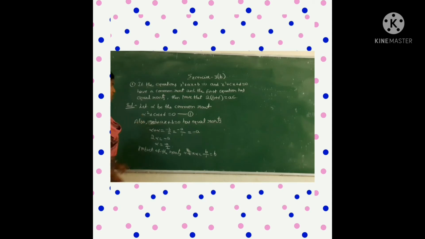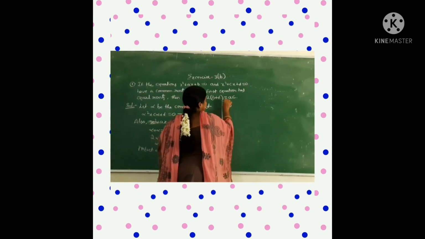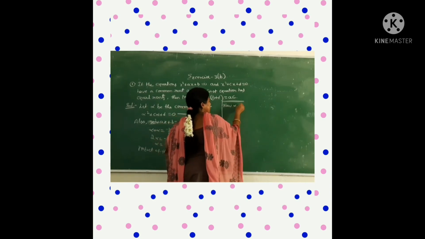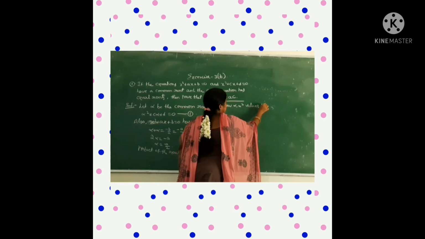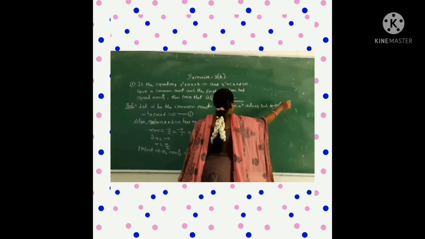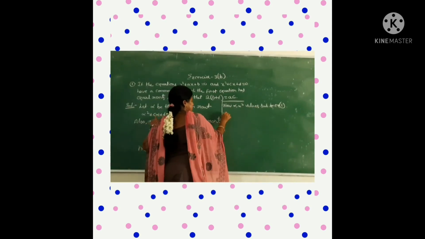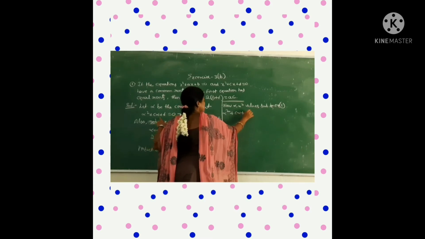Both are substituted in equation 1. Okay, see here. Now the alpha square values, substitute in equation 1. Equation means alpha square plus c alpha plus b is equal to 0.